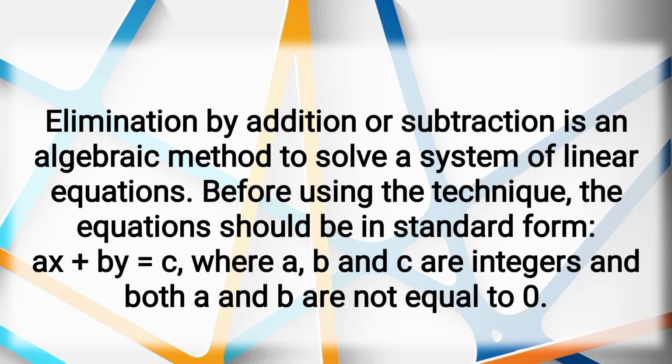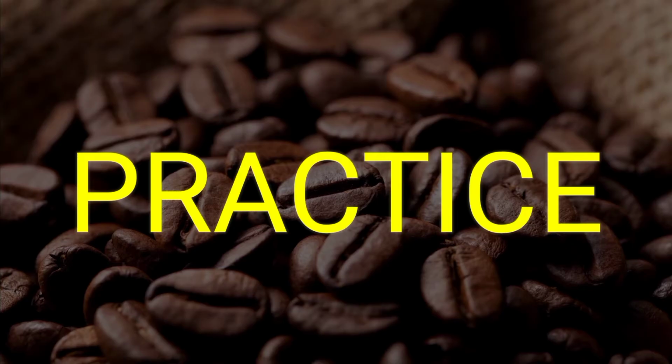Before using the technique, the equations should be in standard form, and the standard form is ax plus by equals c, where a, b, and c are integers, and both a and b are not equal to 0. Take note of that. So, let's do the practice.